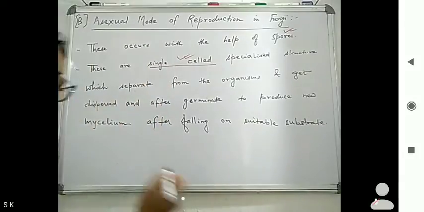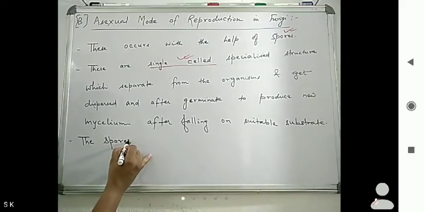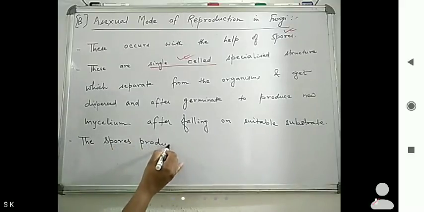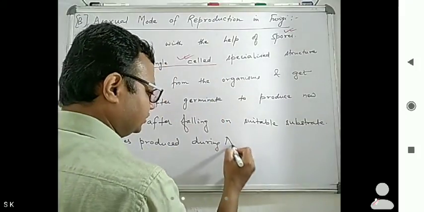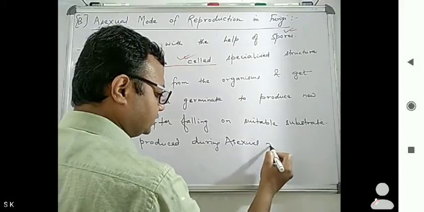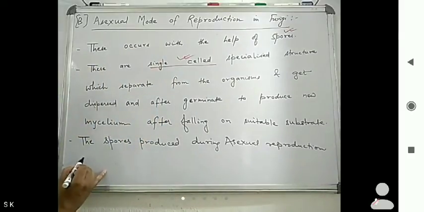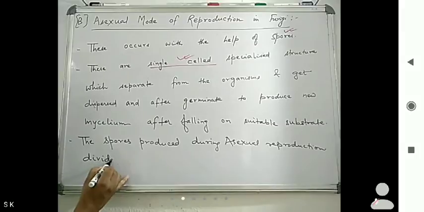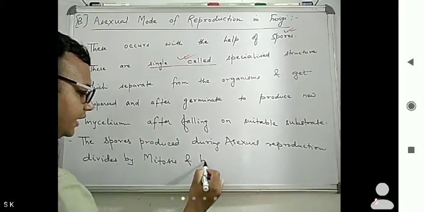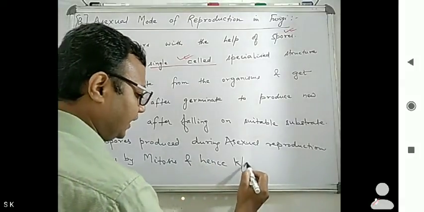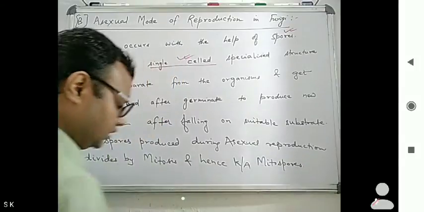So the spores produced during asexual reproduction divide by mitosis and hence are known as mitospores.